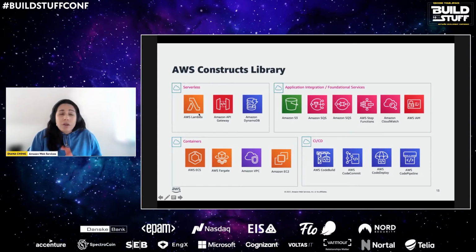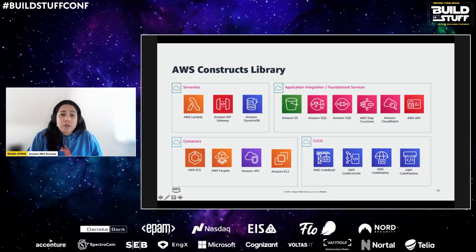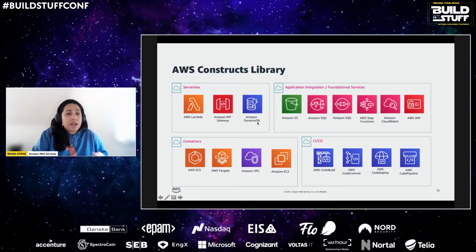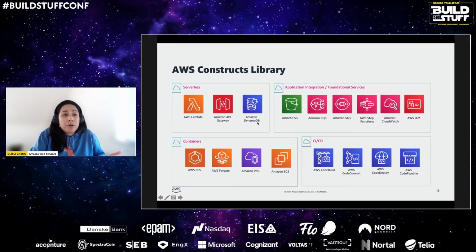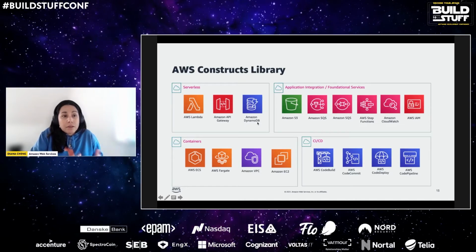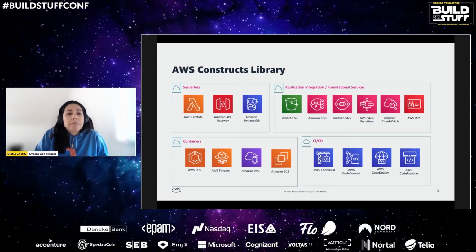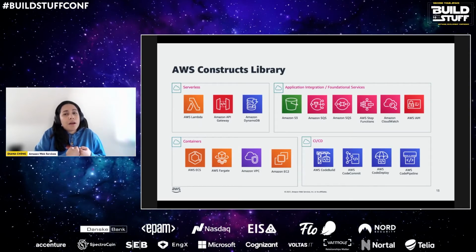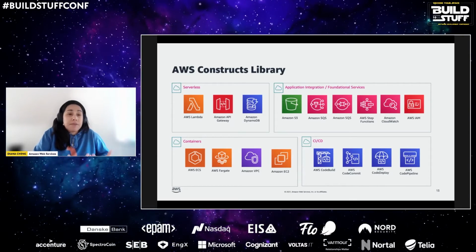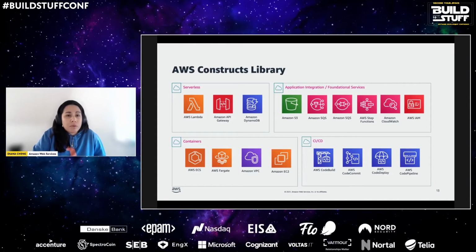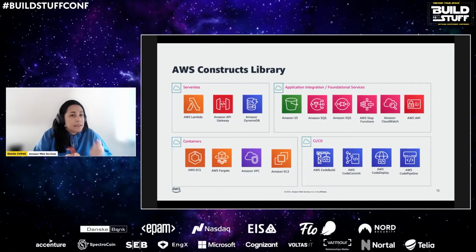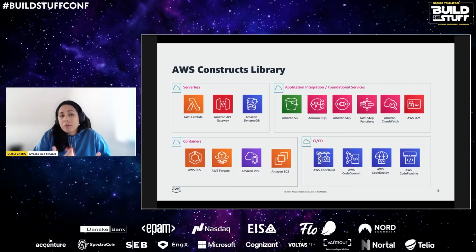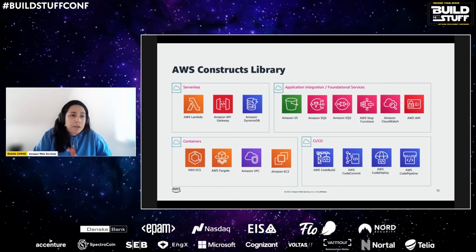So there will be a construct for Lambda, there will be a construct for DynamoDB, and we can just start using them. This is an AWS curated library of constructs, so that we can, as I said, more easily start working with the services and specifying them with less code and fewer mandatory properties than we would need with CloudFormation templates.